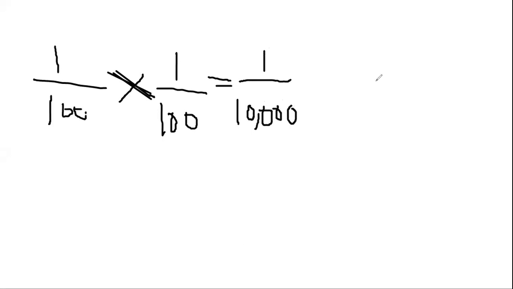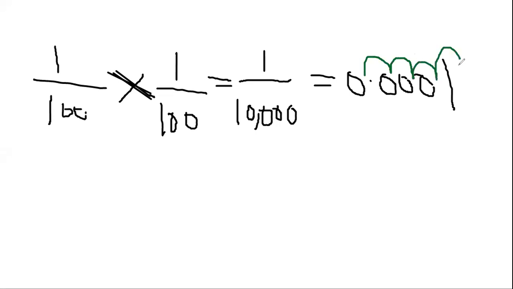Now, 1 divided by 10,000 is 0.0001. So the fourth value from the decimal is what we see as a pip, which is 1, 2, 3, 4. This fourth value can be regarded as 1 pip.